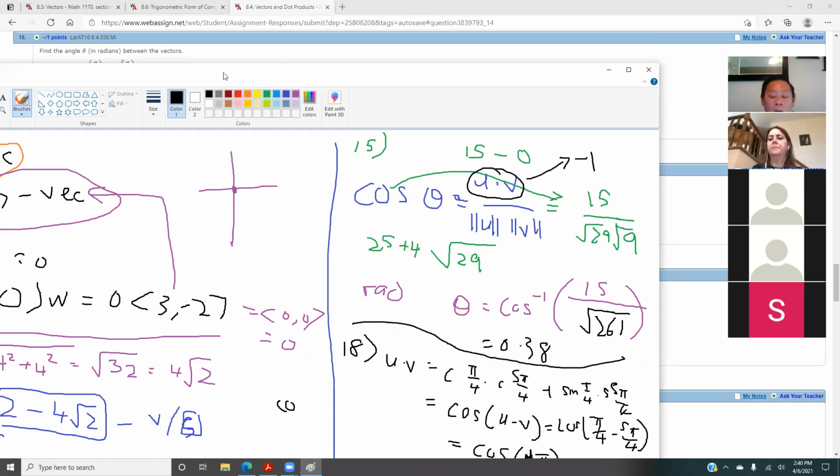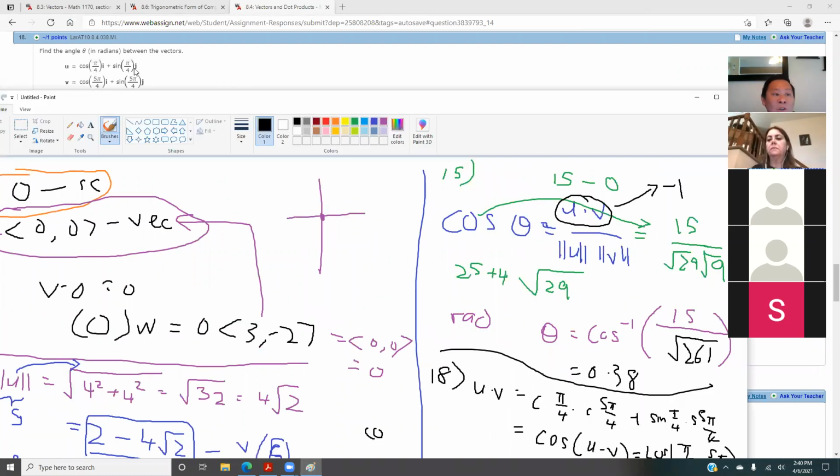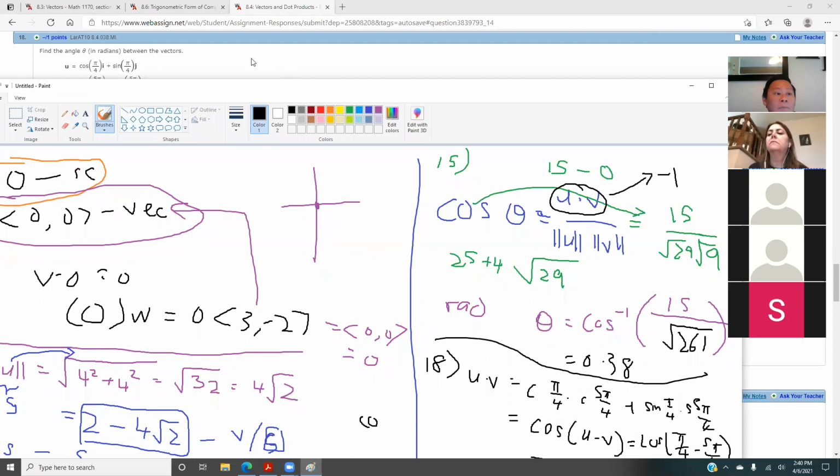Okay. Now we need to find the magnitude of u. The magnitude of u is you square this fellow and you square this fellow. So to find the magnitude of u, you have to square cosine.